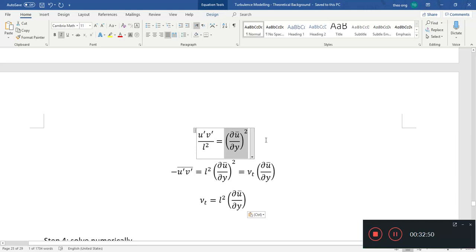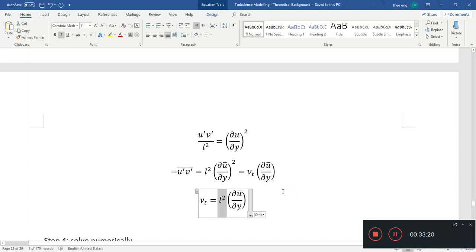So this is an order of magnitude estimate based on the assumption that fluid balls can flow through the fluid in a turbulent flow without disintegrating. Then you can make this order of magnitude estimate. Therefore, based on this mixing length model, the turbulent viscosity will be L squared times partial u bar partial y. So okay, great, that's what the mixing length model is.